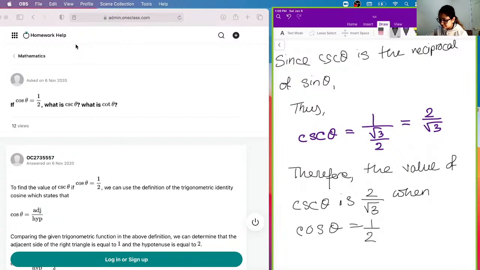Okay. So this is basically our first part.